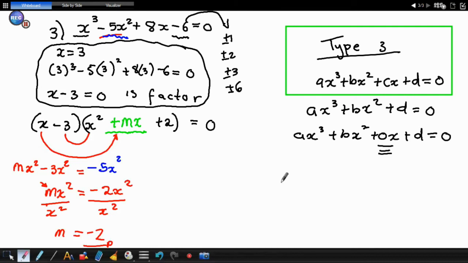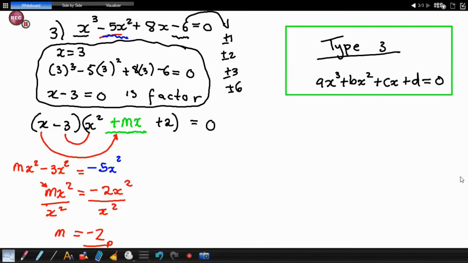Then from here, we go ahead now and complete our factorizing. So we will have x minus 3, then you have x squared. And now remember, we do know what that m is, and that m is minus 2, so it has minus 2x plus 2 equal to 0.